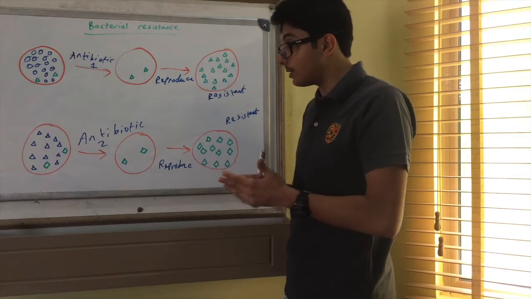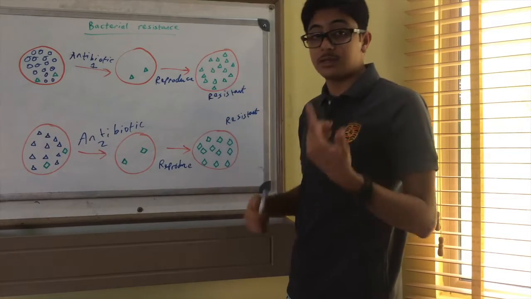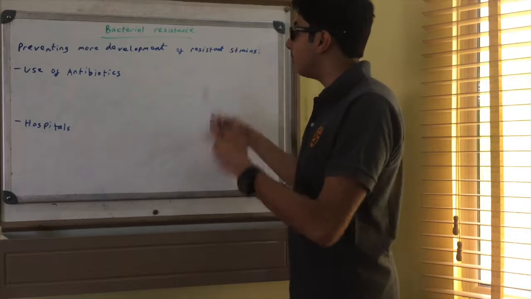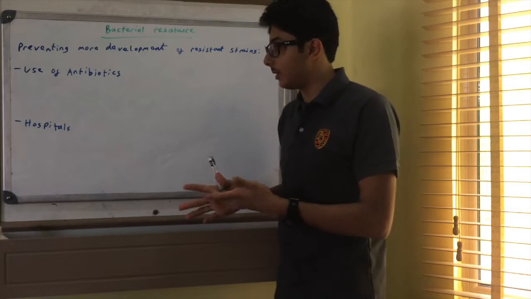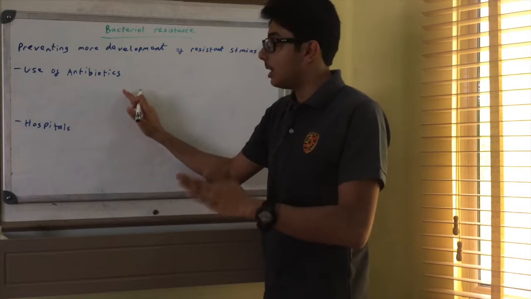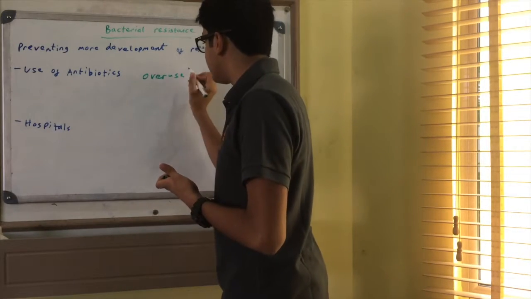So now I'm going to talk about how we can prevent the development of these resistant bacteria. Okay, so how do you prevent the development of more resistant strains of bacteria? First of all, we have to talk about the use of antibiotics. We should never overuse antibiotics.